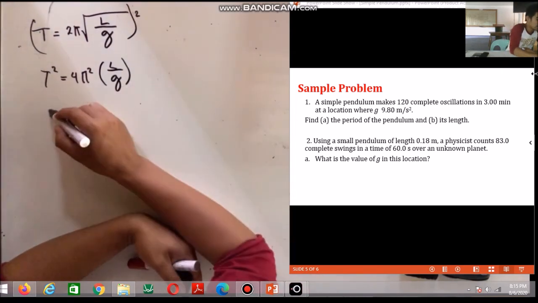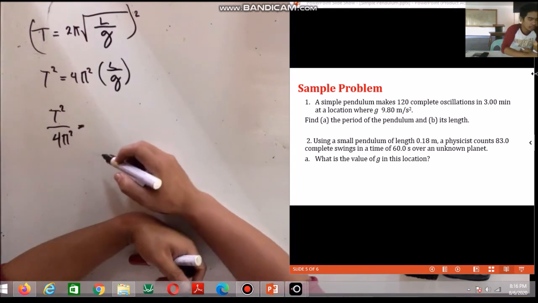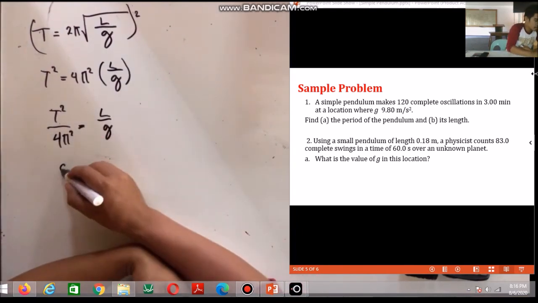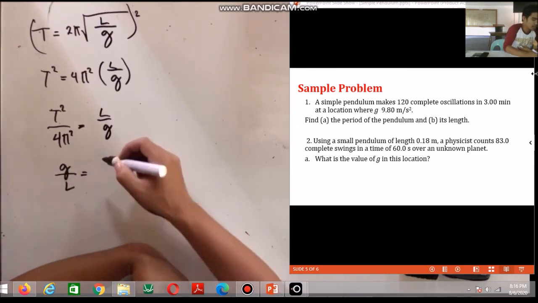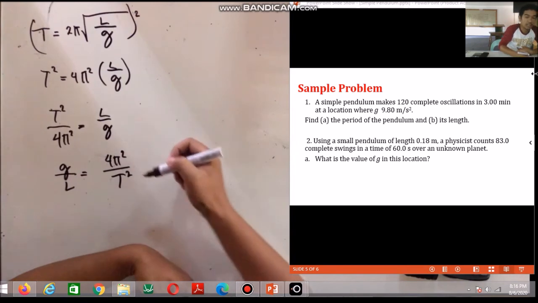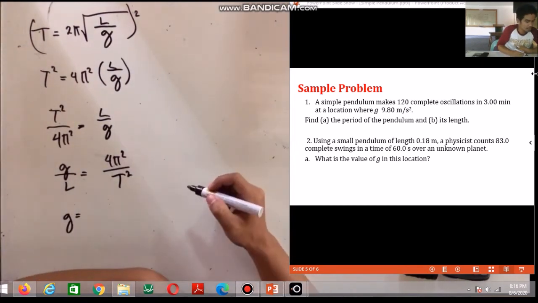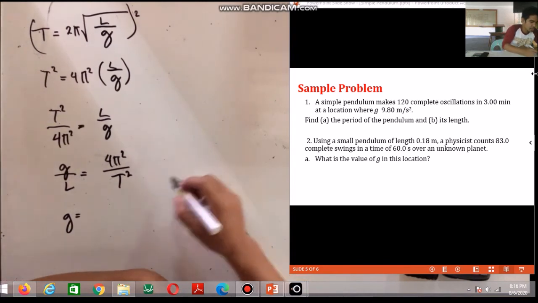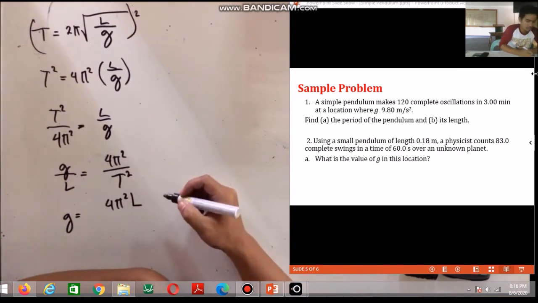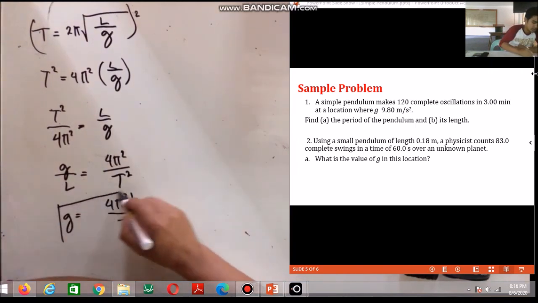So T squared over 4 pi squared will be L over g, or g over L equals 4 pi squared over T squared, or g equals 4 pi squared times the length over the square of the period. So we have the equation of g.